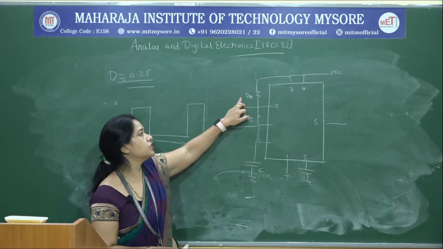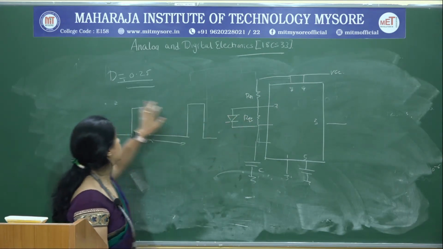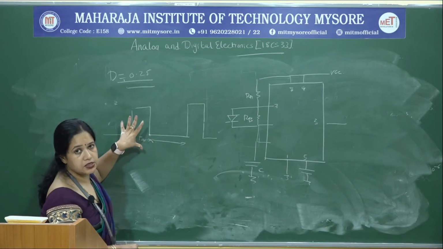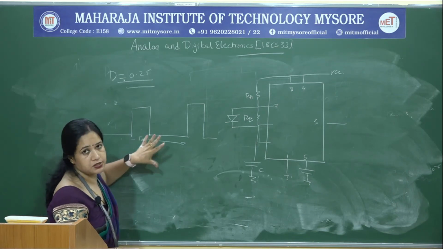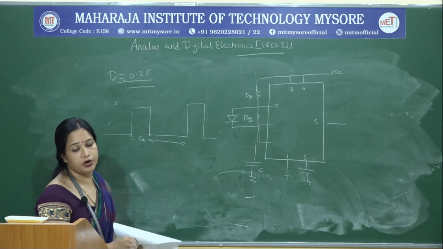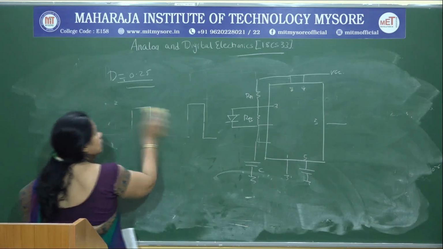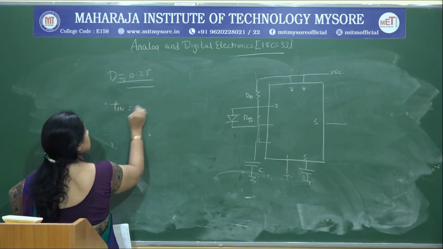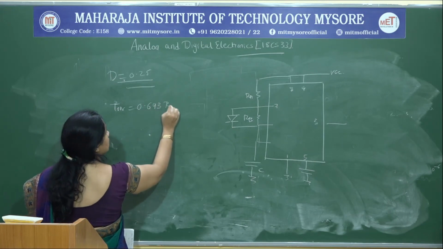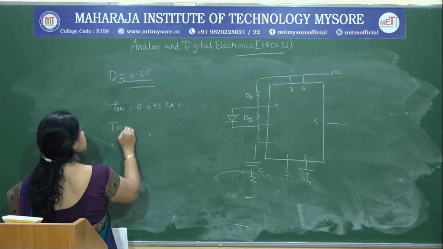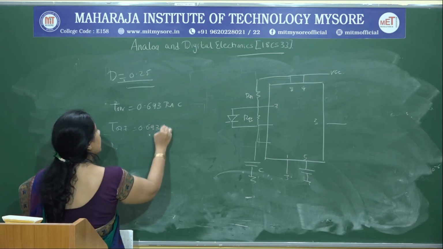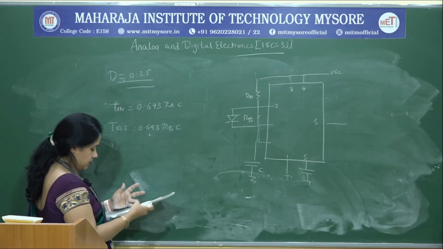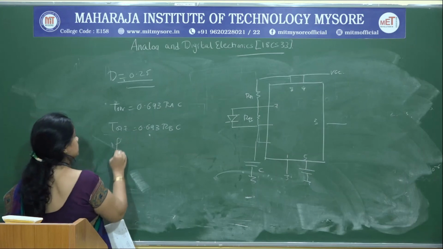Now, if I choose appropriate values of RA and RB such that 25% of the total time is your on time and 75% of the total time is your off time, we can get a duty cycle of 0.25. So, this is what is required here. Because of this modification, your T on is 0.693 RA into C and T off is 0.693 RB into C. The frequency given is 2 kilohertz.